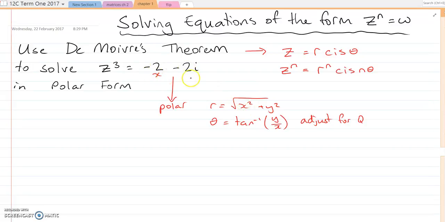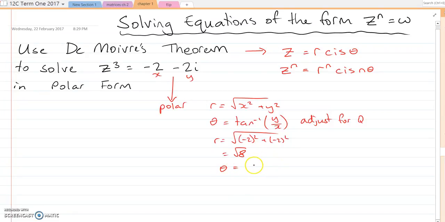This is my x, minus 2, this is my y, minus 2. So r equals the square root of minus 2 squared plus minus 2 squared, which is the square root of 8.